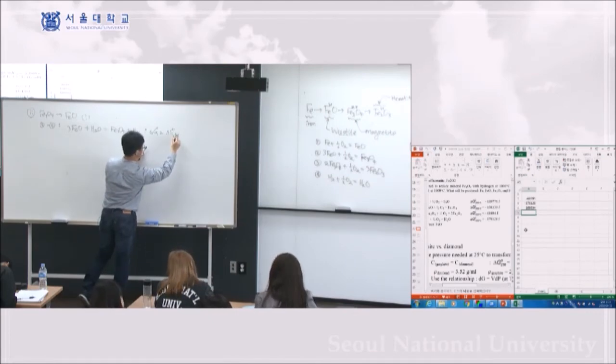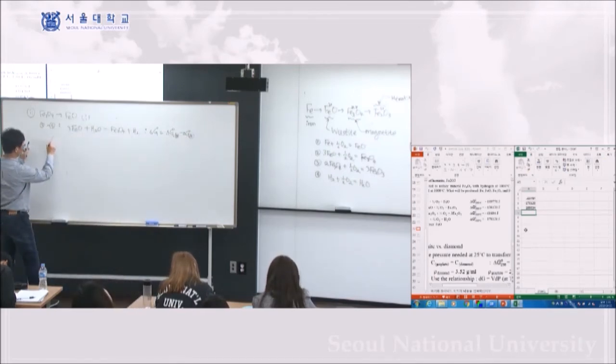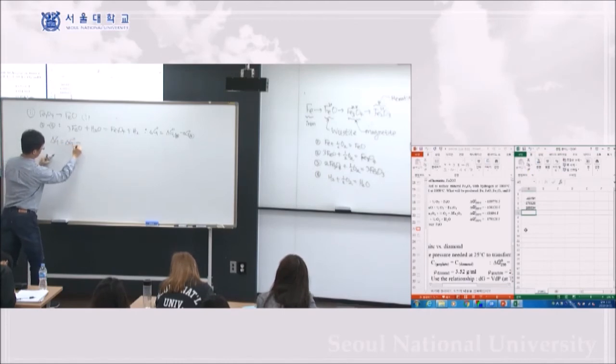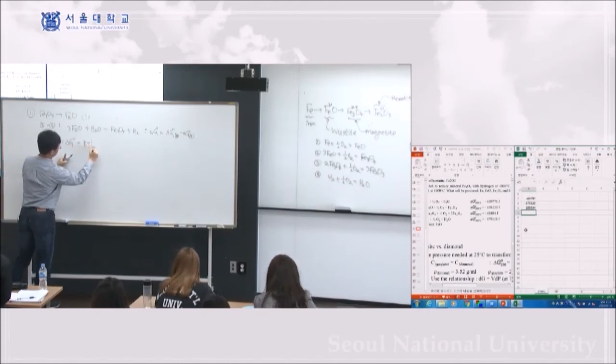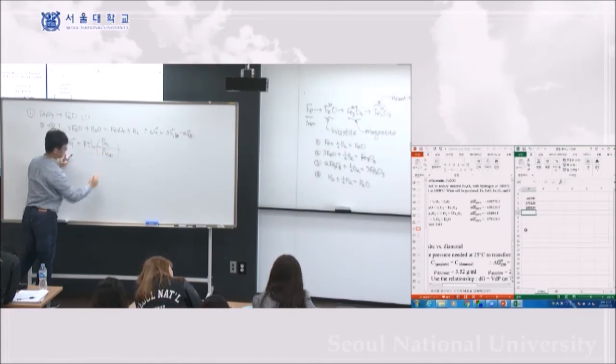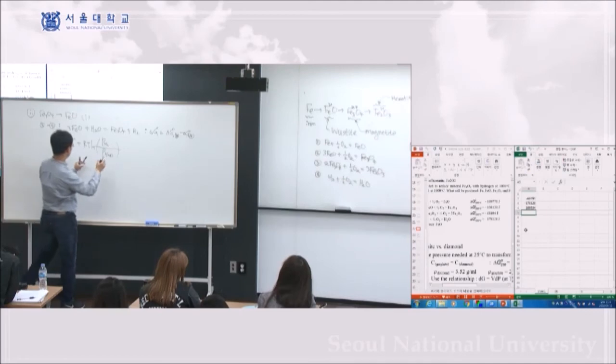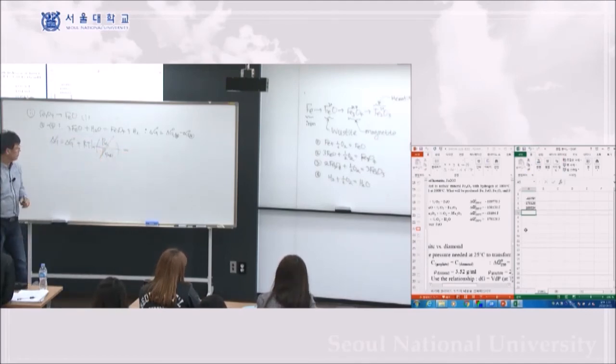two. Okay. So at this condition, delta G of reaction is delta G naught plus again pH2 over pH2O. Am I right? Okay. So this will be, so this is eliminated again as 1.